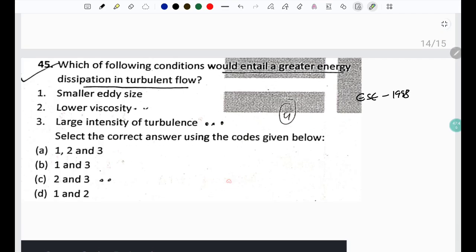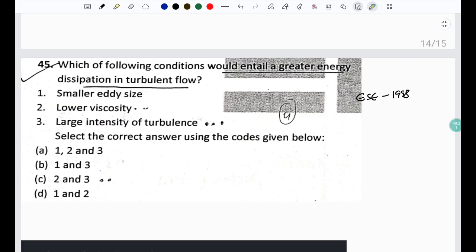What smaller eddy size means is that the turbulent kinetic energy is transferred to smaller scales where viscous forces are more effective, and the rate of energy dissipation increases. The smaller eddies increase the rate of energy dissipation because viscous dissipation occurs at the smallest scales. कहने का मतलब कि smaller eddy size में ज़्यादा energy dissipation होता है rather than the large eddy sizes.